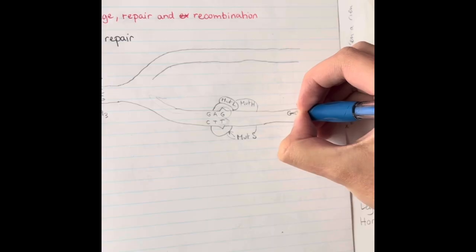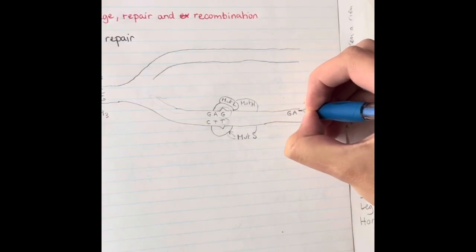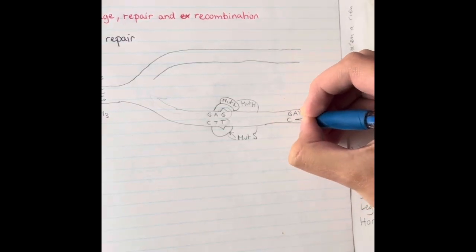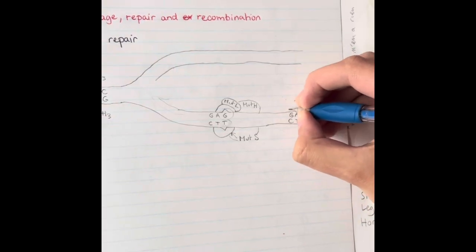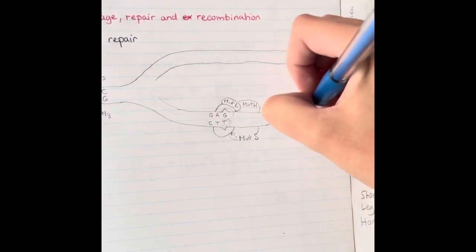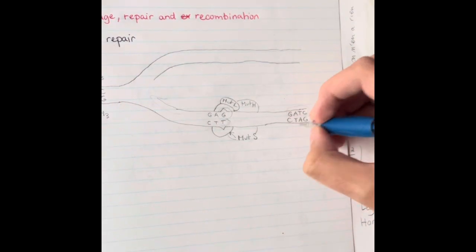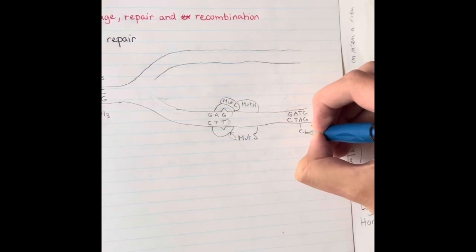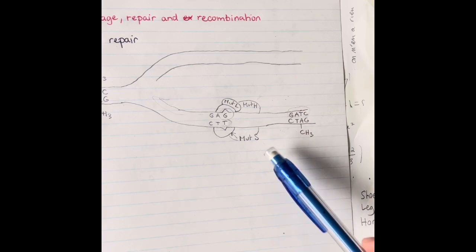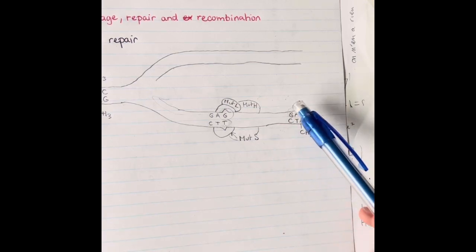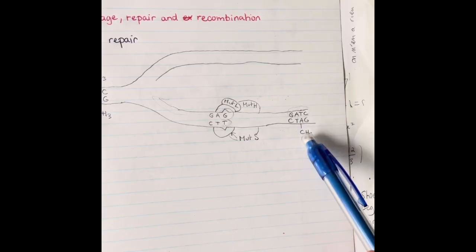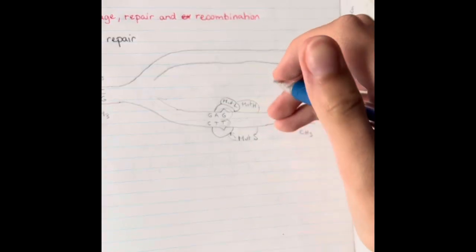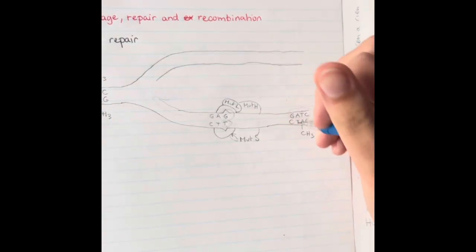Somewhere around here, there is a GATC site, and this one is not methylated because it's on the daughter strand. This one is. So the way that they're going to differentiate is that they're going to find which one out of these two is methylated.